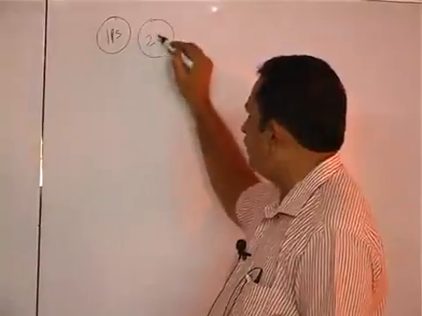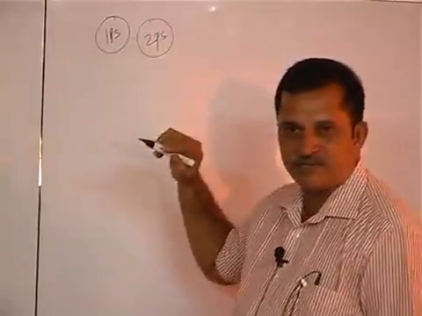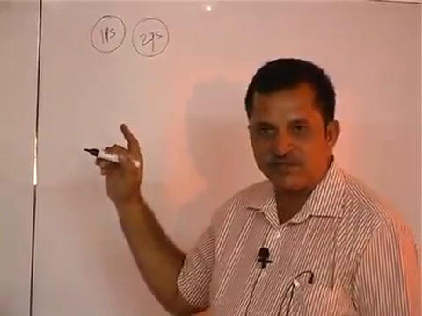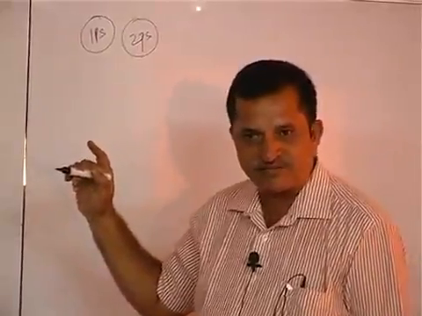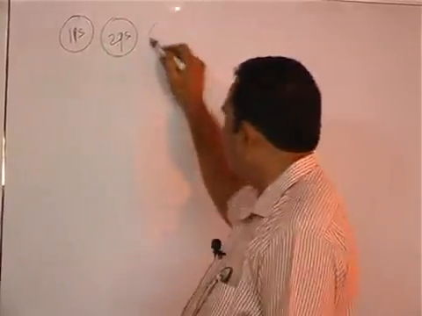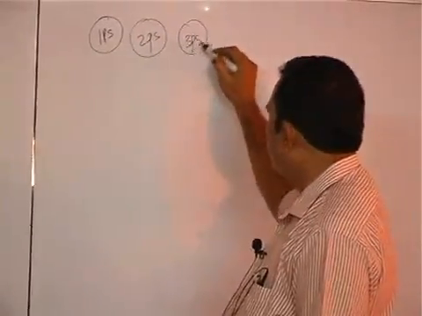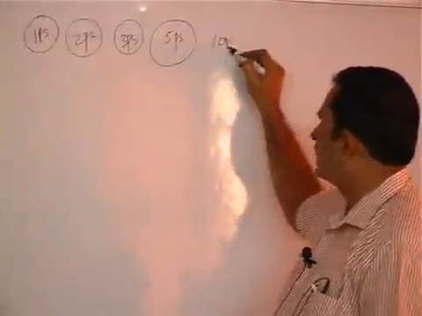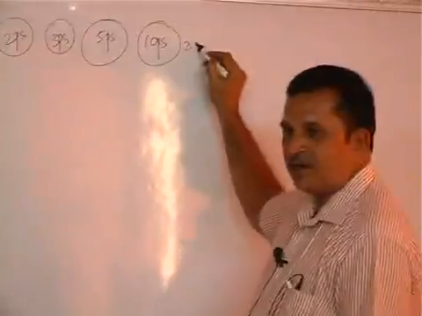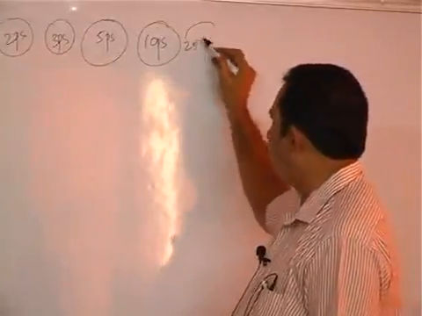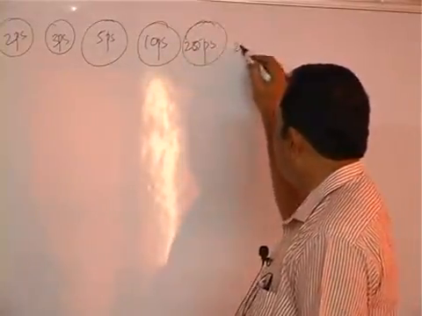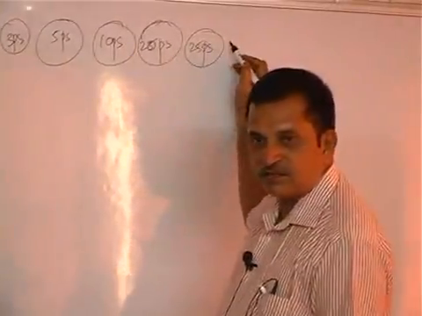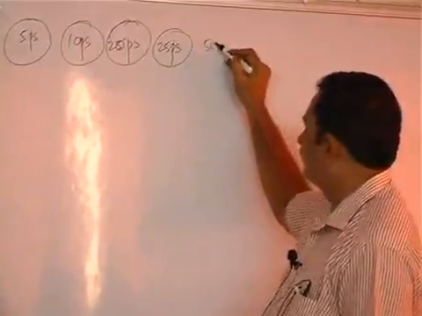The 2 paise coin, our denomination, you remember 2 paise. 1 paise, 2 paise, 3 paise is also there, 5 paise, 10 paise, and then 20 paise is also there, and then 25 paise, then 30 paise, 50.